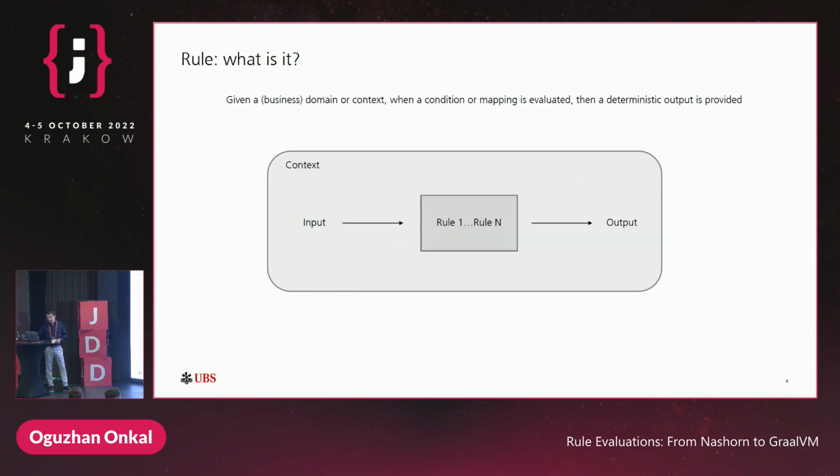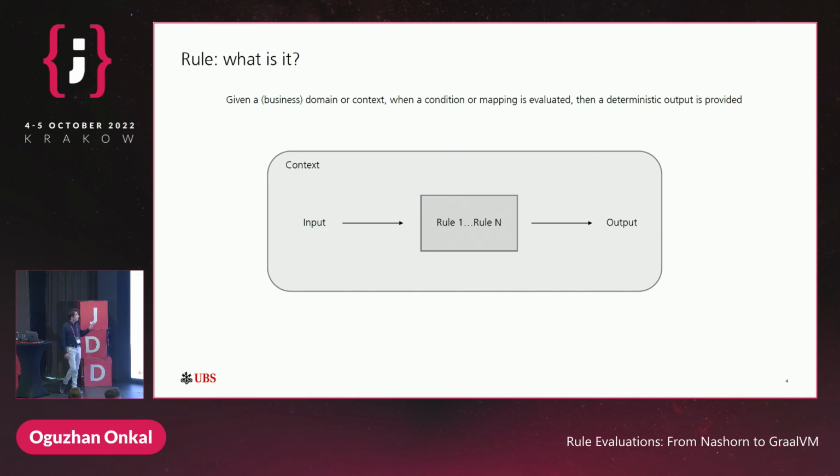To do that, first let's try to define what a rule actually is. Let's assume we have a context, and we would like to convert an input to some kind of output by executing some kind of rules.